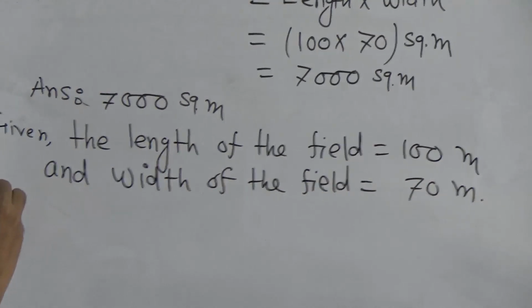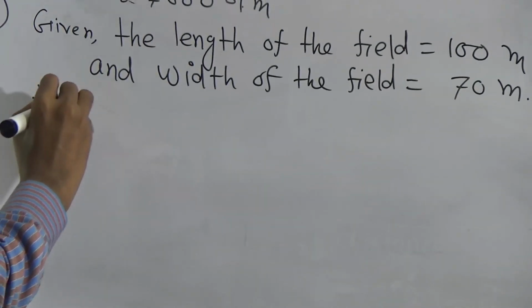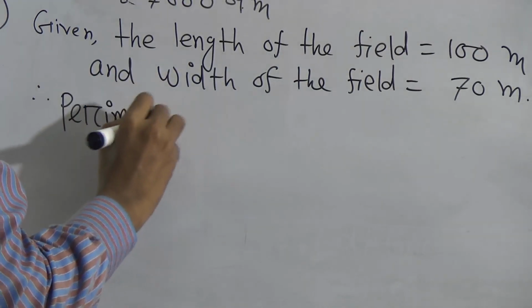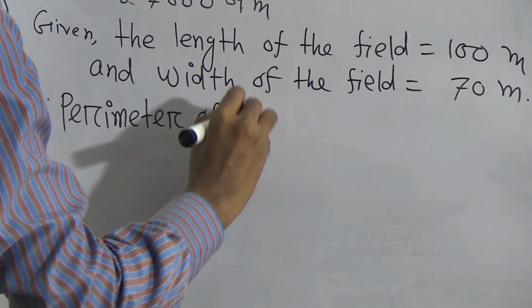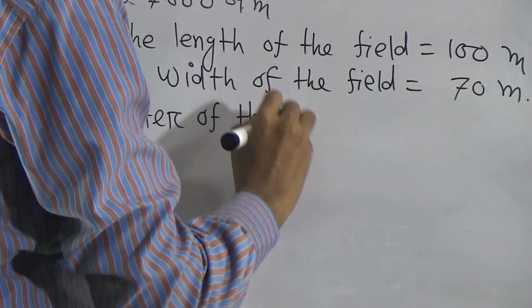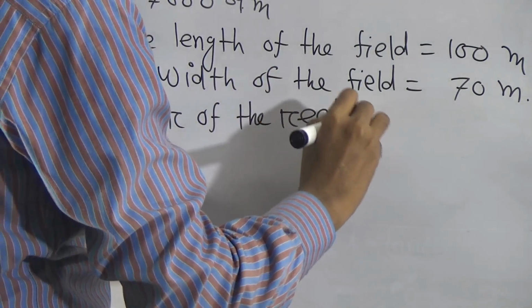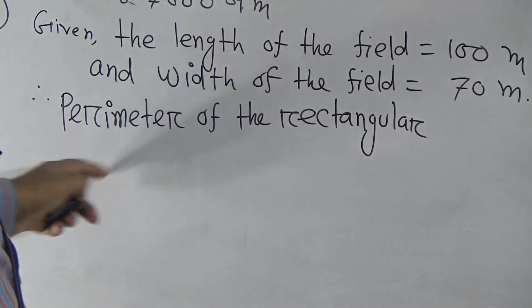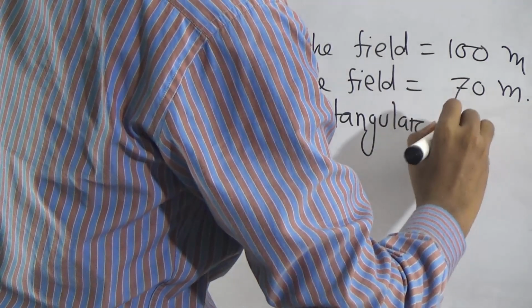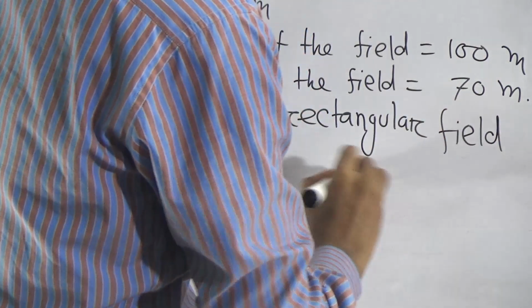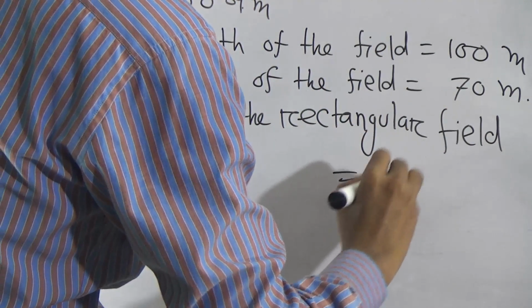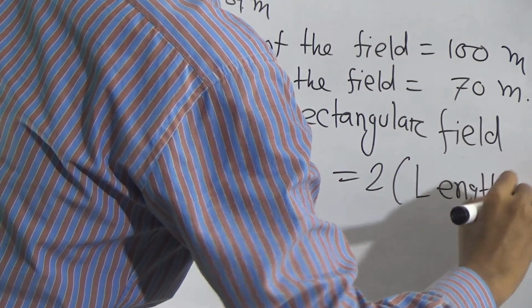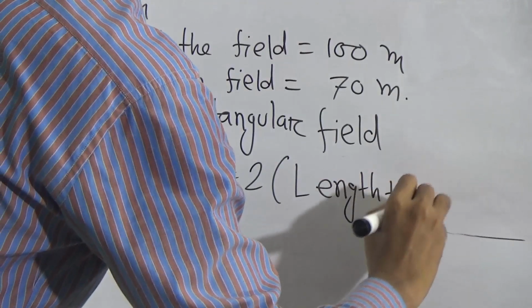We know, therefore, perimeter of the rectangular field is two into length plus width.